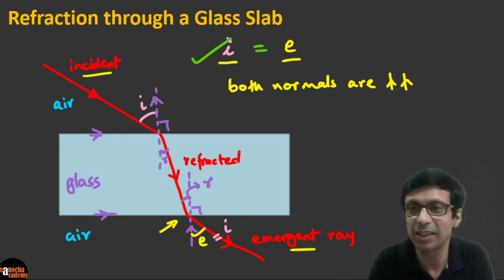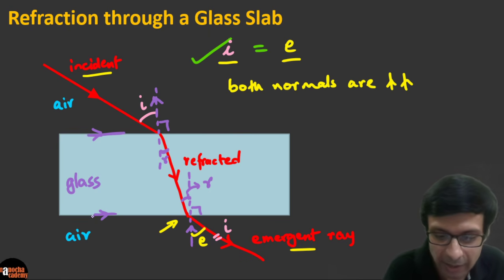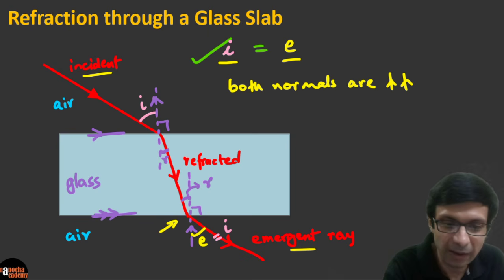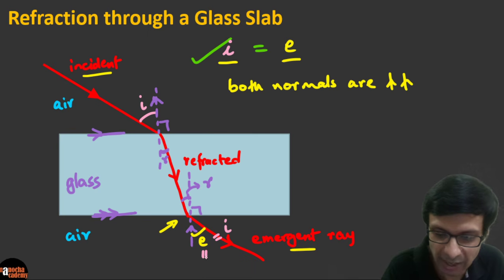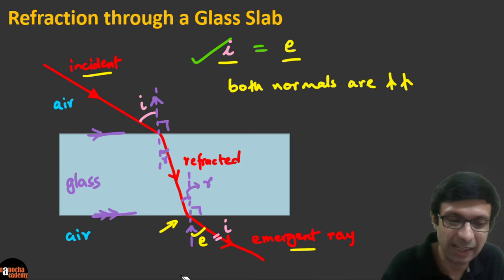And now that brings an interesting point, since we said that these edges of the glass slab are parallel, right? Now the incident ray and emergent ray make the same angle here, which is I. So they are making the same angle with these parallel lines.